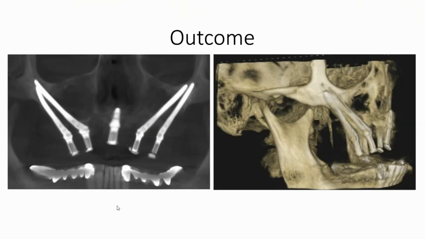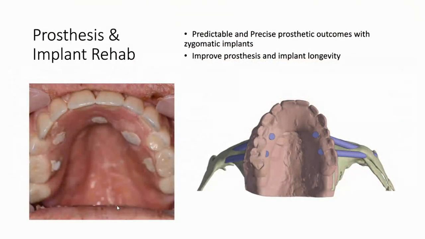But what is more important than this is that we were able to have a predictable and precise prosthetic outcome using zygomatic implants with the aid of these patient-specific instruments, and this improves the prosthesis and the implants' longevity.